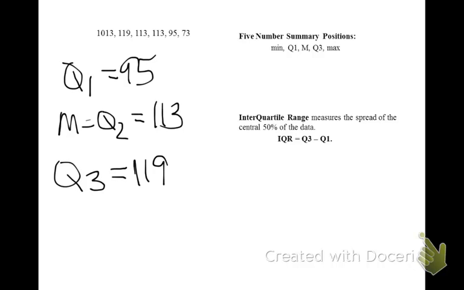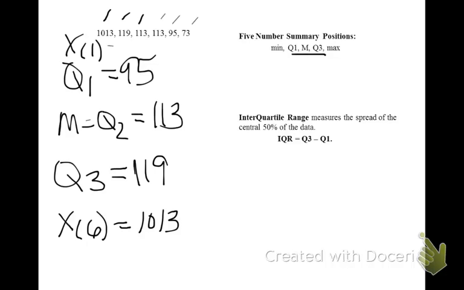If we take these 3 numbers and combine them with the minimum and maximum, we get what's called the 5-number summary. So if I add in here that the maximum, the largest observation out of these 6 numbers, is 1013, and the smallest observation is 73, this is my 5-number summary.